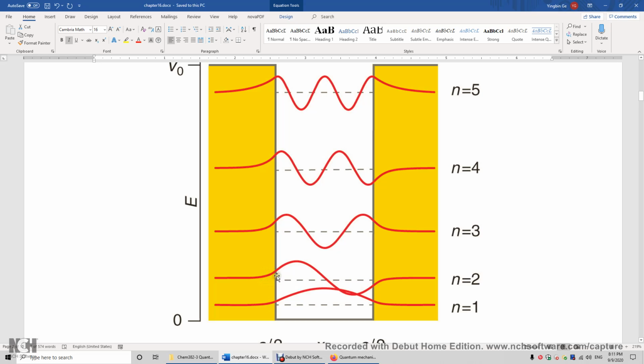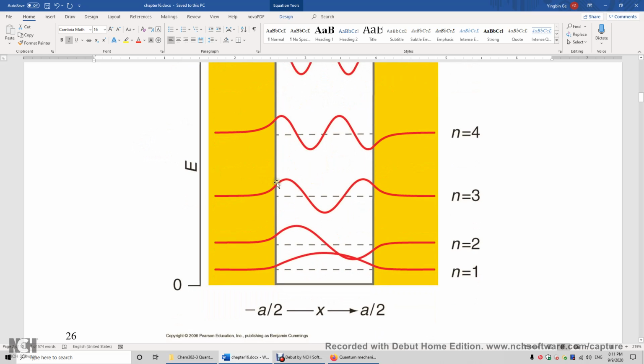Over here, this is more apparent. This is non-zero. Over here, you can see the value of the wave function outside the box is significant. This is comparable with the magnitude of the wave function inside the box.